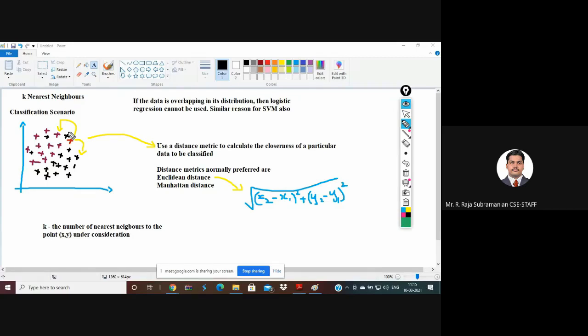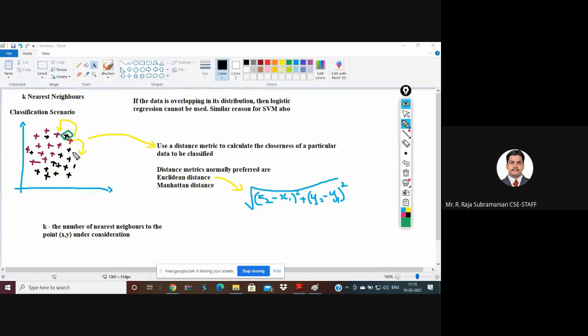Then you can immediately ask: if k nearest neighbor is not that efficient with outliers, then why do we have to use it? We say that if this black point is becoming an outlier, we don't use it, right? But does decision tree learning give any information about this particular data point and say that this is an outlier? No, there is no proof.